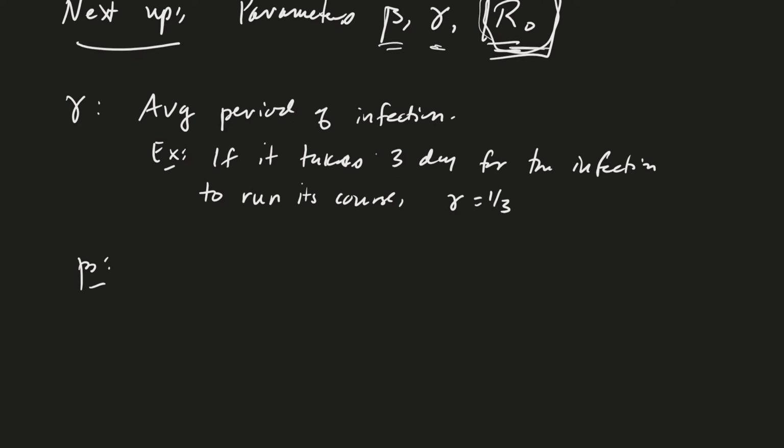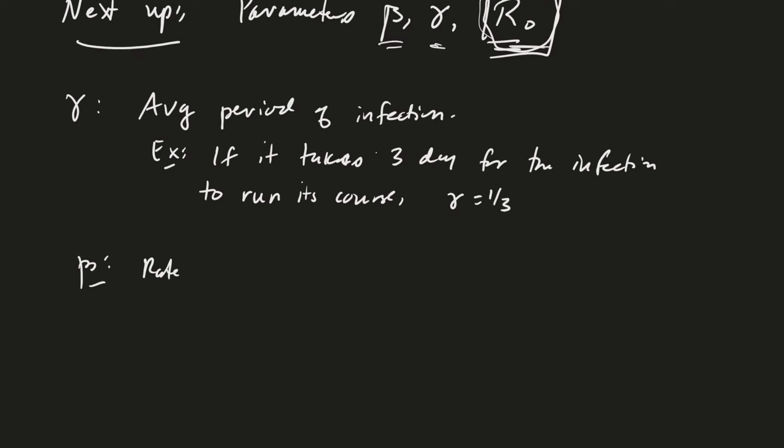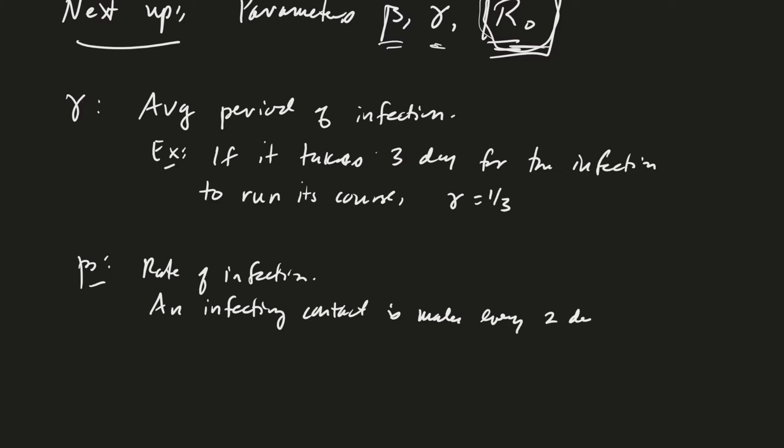Let's do an example. Suppose an infecting contact is made on an average every 2 days. Then beta would be 1/2.